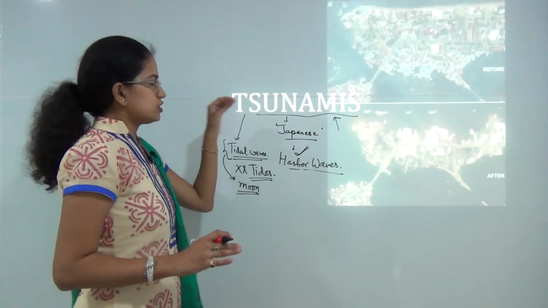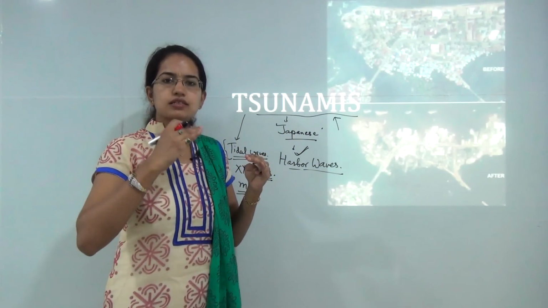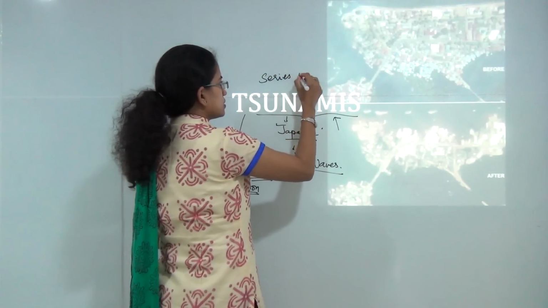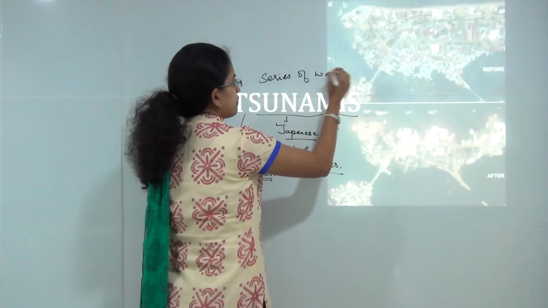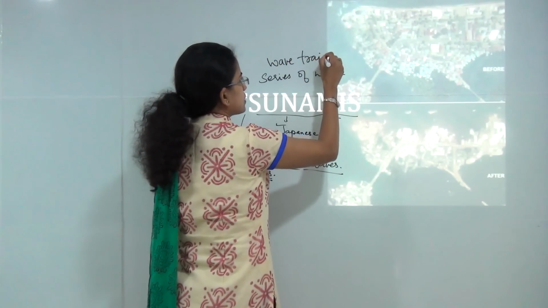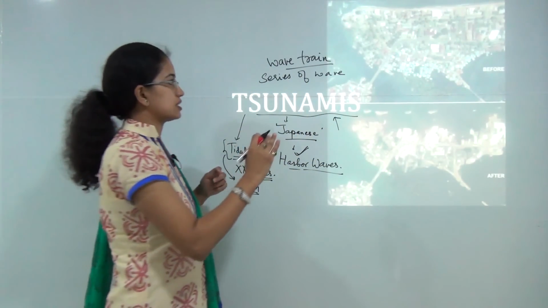Now, in tsunamis, the main and important idea is there is a series of waves, and this series of waves is known as a wave train. So I can say there is a kind of train of waves gushing towards the coast and causing destruction.